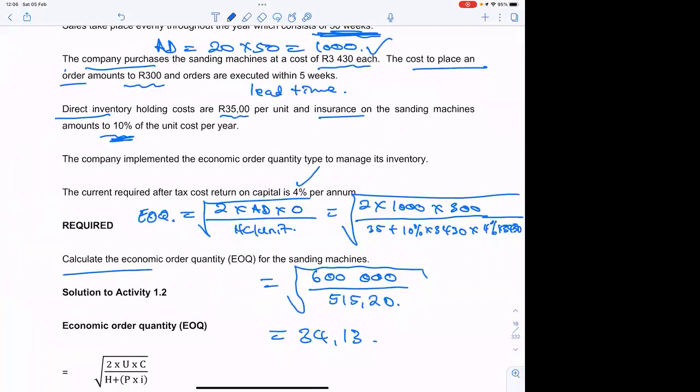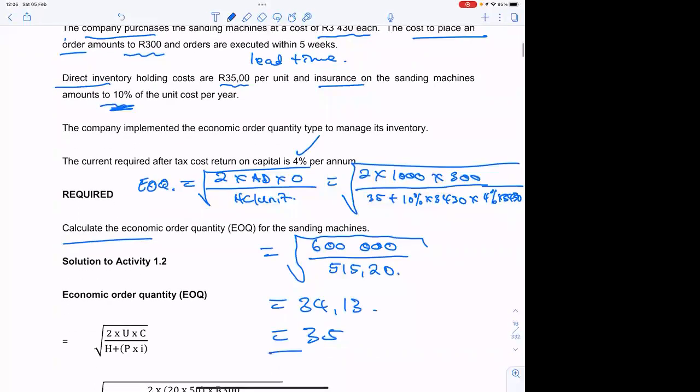All right. So our answer is going to be 35. Those who did mathematics, you know that when you're rounding off, this will be 34. Are we together? But for this one, we are not going to order less than the demand that we are expecting.